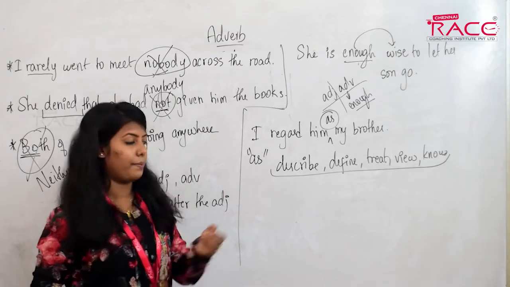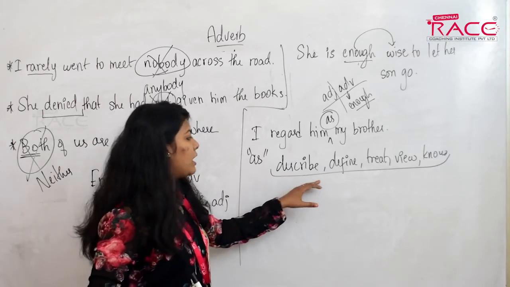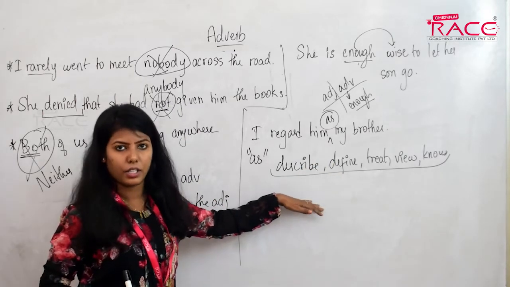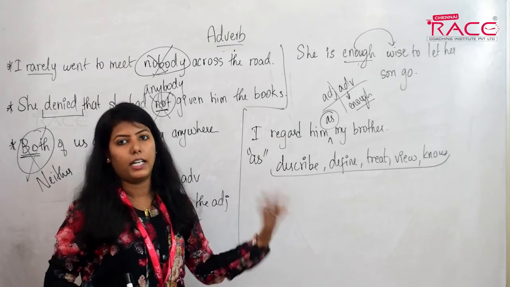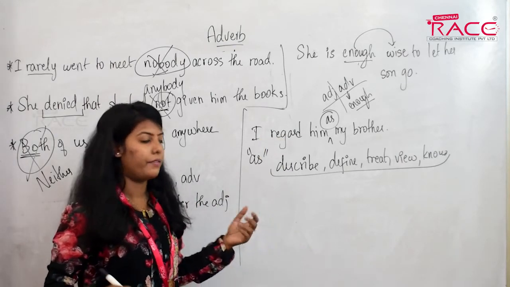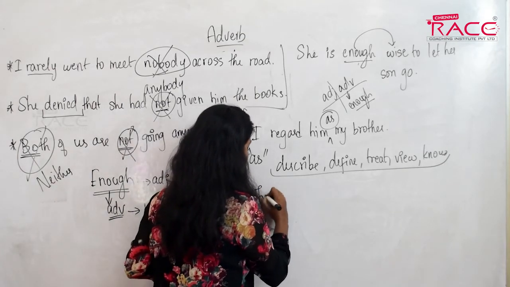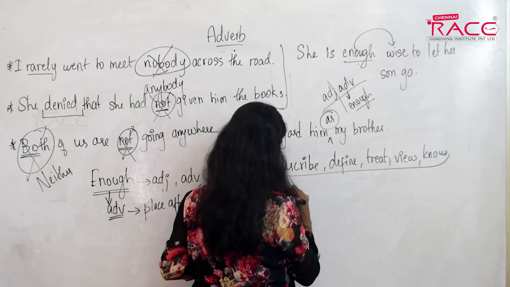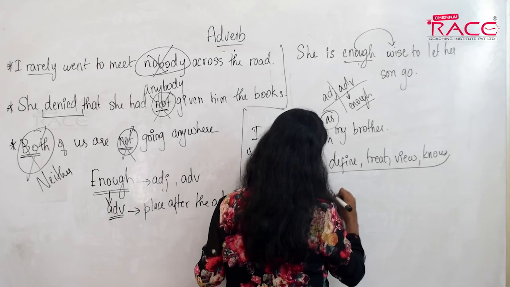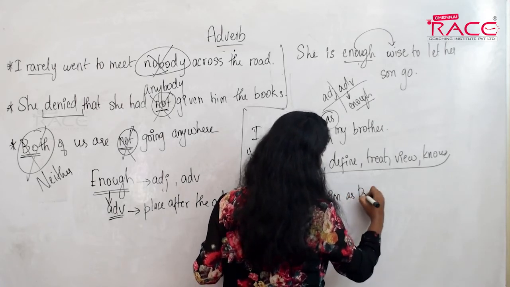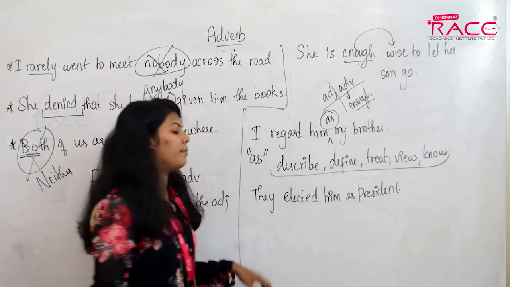Now we have an exceptional case for this rule. Just like I told you, these verbs must be followed by as, but there are some verbs which must not be followed by as. For example, they elected him as president.